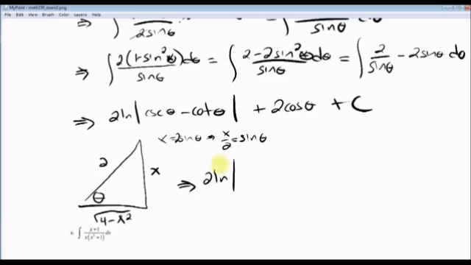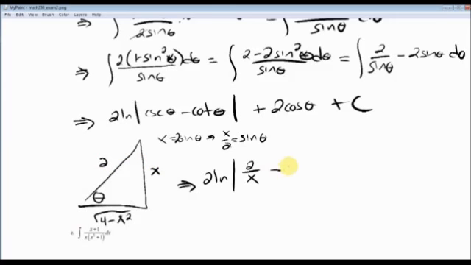We have cosecant, which is 1 over sine, so that's 2 over x. And because sine is opposite over hypotenuse, cosecant is hypotenuse over opposite.